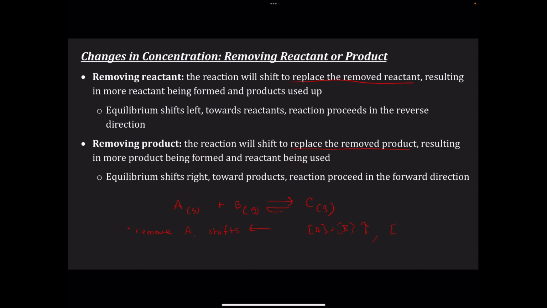And we're going to use product. So C decreases. If I were to remove C, we're going to shift towards C to replace it. And so C's concentration goes up, A and B will go down.